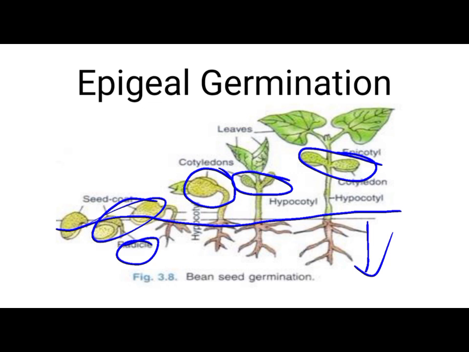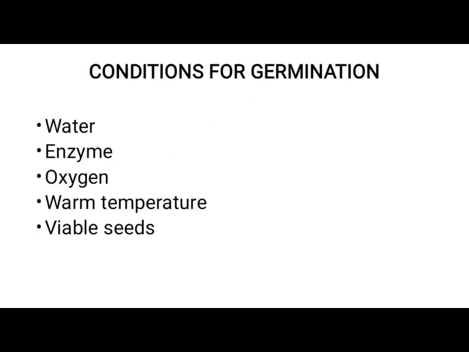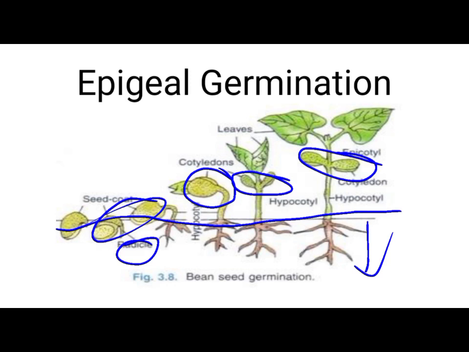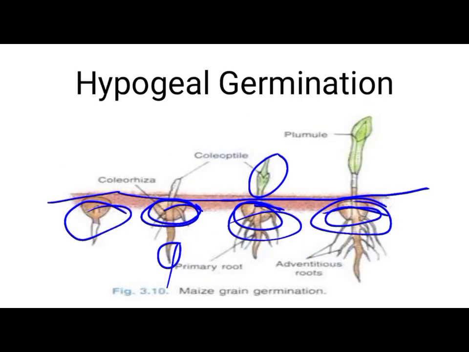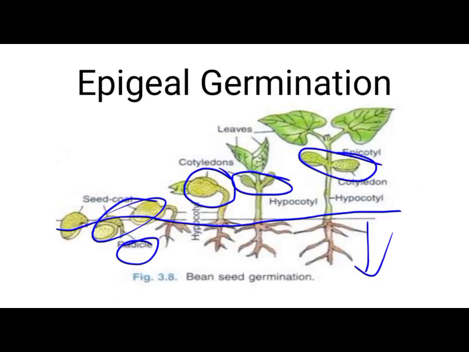And finally, let me talk about the difference between epigeal and hypogeal germination. For epigeal germination, the hypocotyl will elongate, while for hypogeal germination, the epicotyl will elongate. Apart from that, the cotyledon will emerge out of the soil in epigeal germination, while in hypogeal germination, the cotyledon remains in the soil.